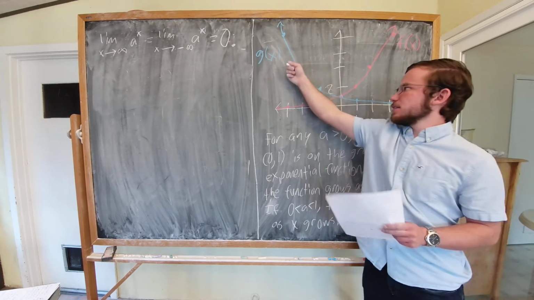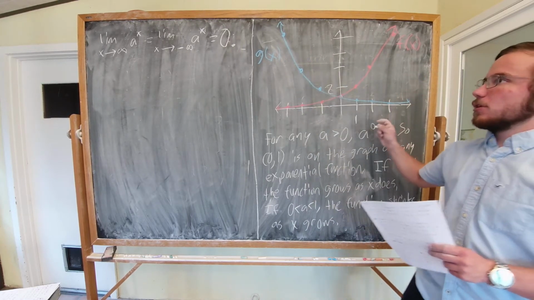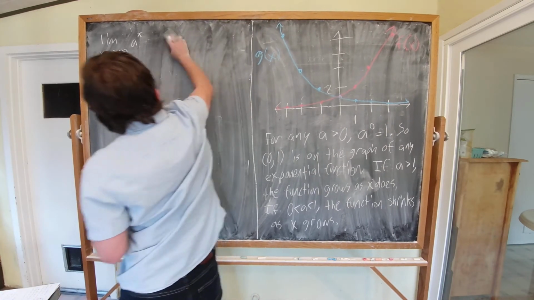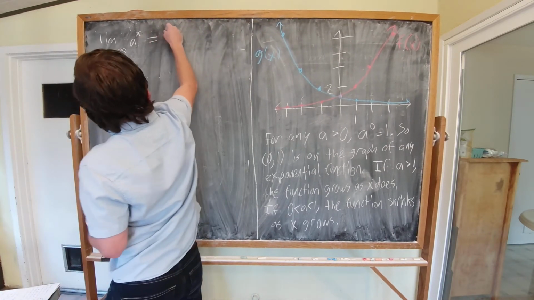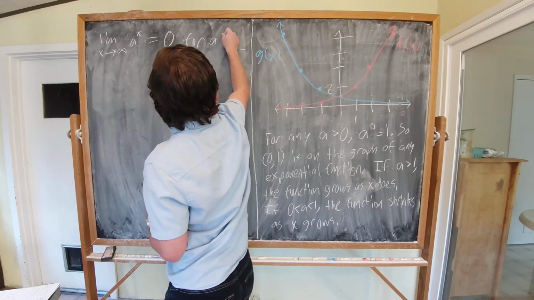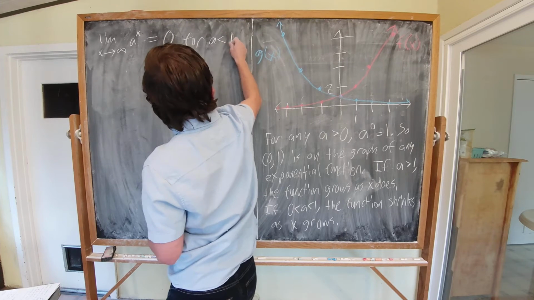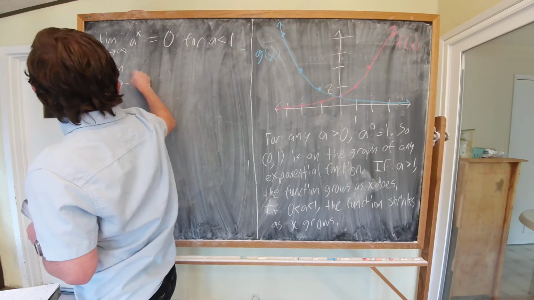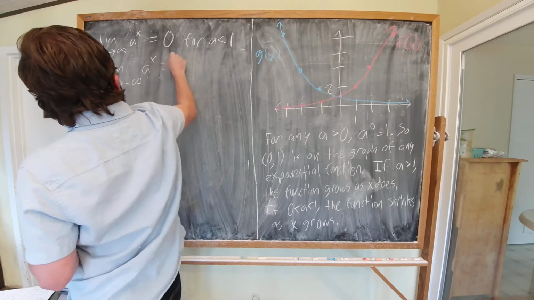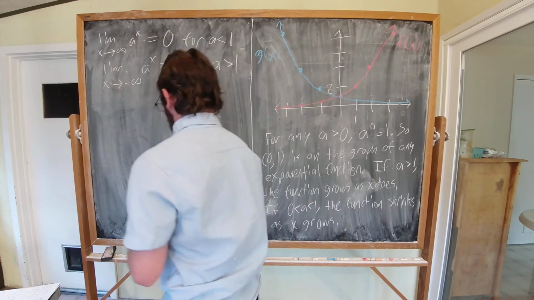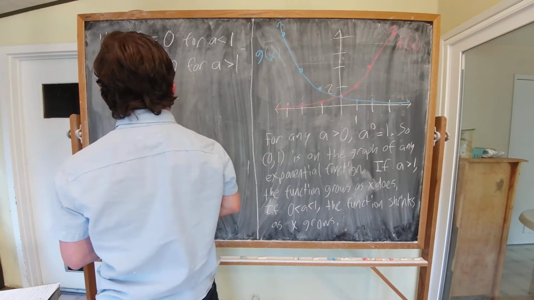Or sorry, I guess I should say, that's not quite a true statement. The limit as x goes to infinity is 0 for a less than 1, and the limit as x goes to negative infinity is 0 for a greater than 1. Yes.